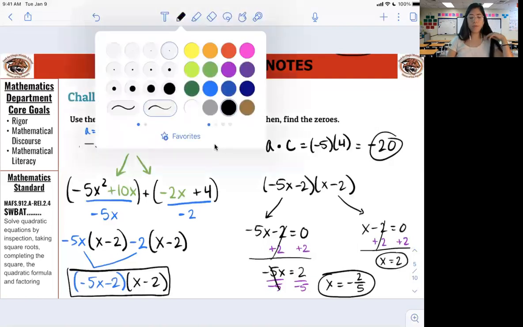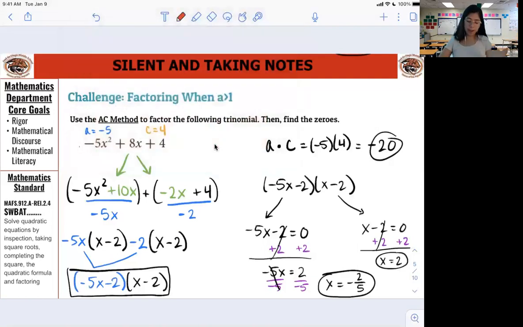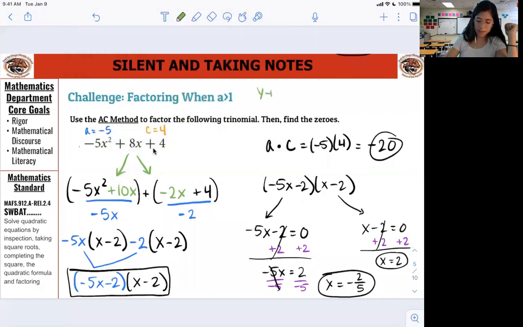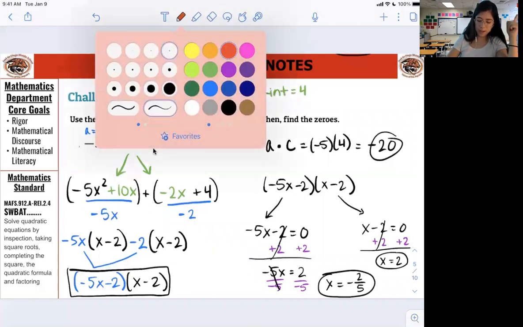Don't forget, everything we've done in the last 2 months comes back together. So think back. What does standard form tell us about our function? Standard form tells us the y-intercept. So what do we know that the y-intercept is? 4. The y-intercept is 4.